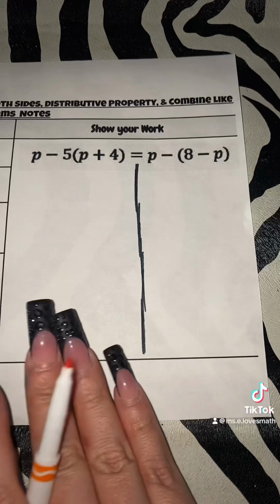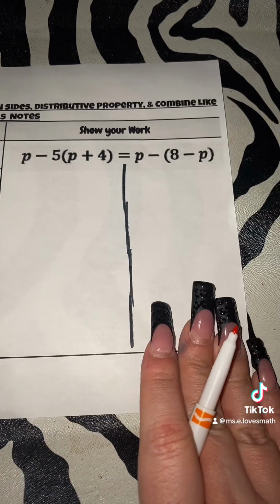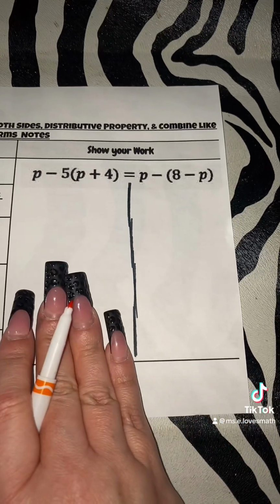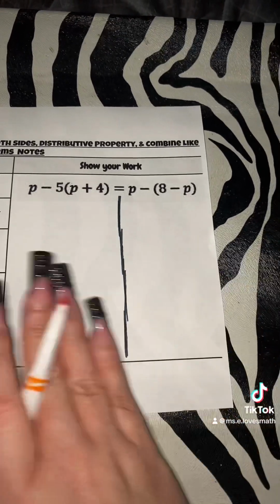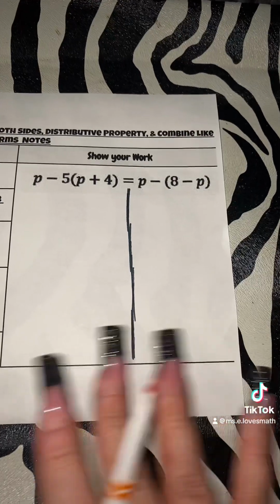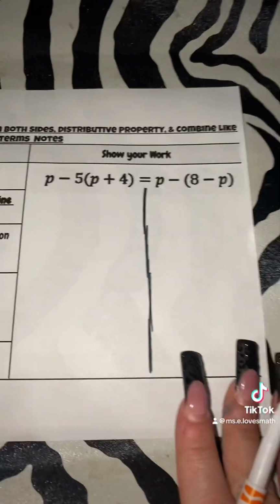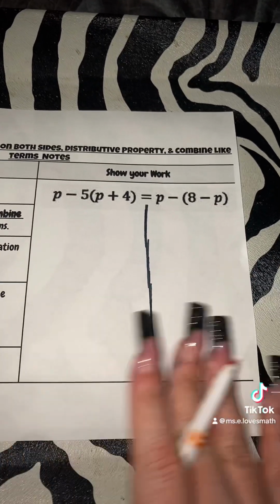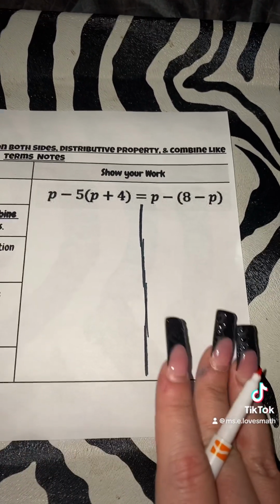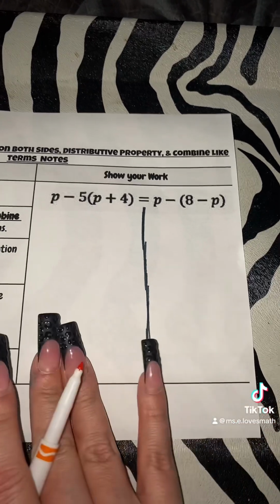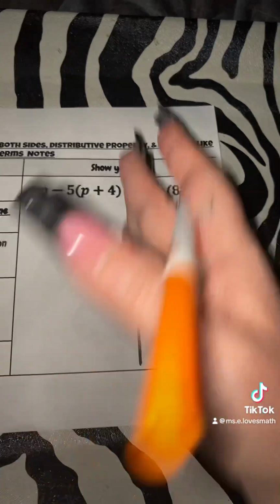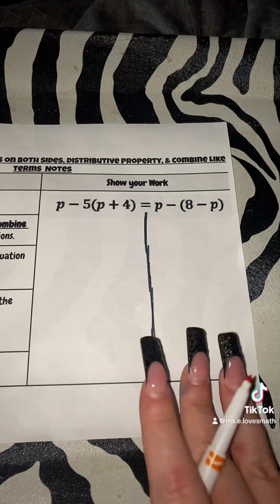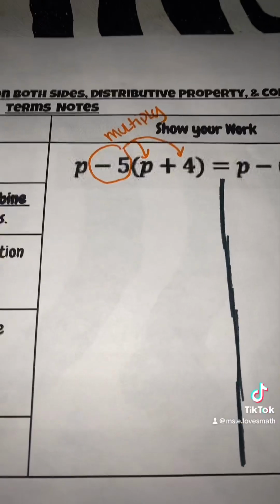That way I know whatever I do on one side, I need to do to the other, and I don't get confused on where each side is. Especially with this one, when we're combining, I don't want to accidentally combine something from this side onto this side. So this line is going to be very important with this particular equation.